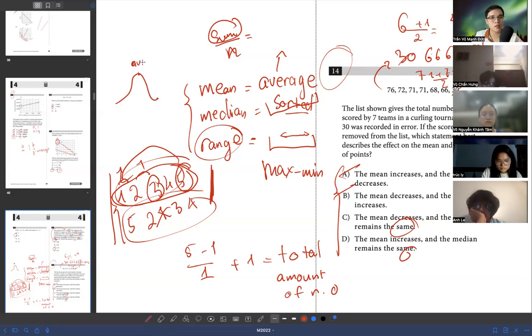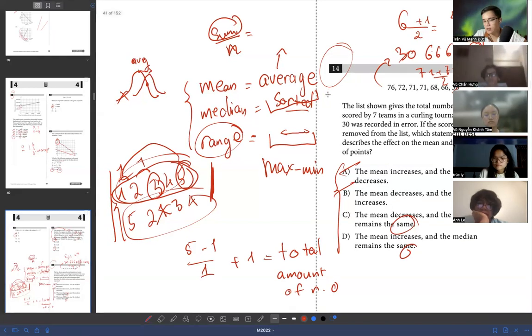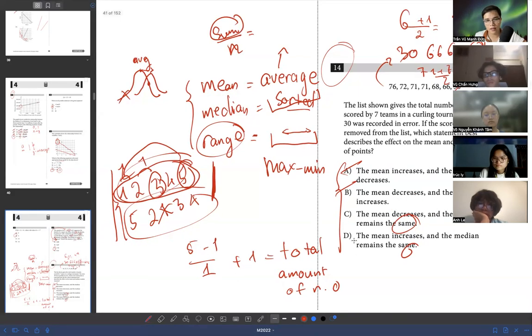But if you take out the last one, it will shift up like this. You have the new graph like this, right? Basically, if you take out the smallest, the mean will increase, and take out the largest, the mean will decrease. That's essentially it. So the answer is actually D, not A, okay?